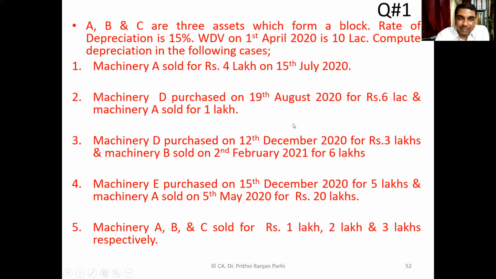That means the machine purchased on 12th December is put to use for less than 180 days. Consequently, 50% of the depreciation will be charged. The cost of the machine is 3 lakh rupees, and machine B is sold on 2nd February for 6 lakh rupees. This also you have to take into consideration.